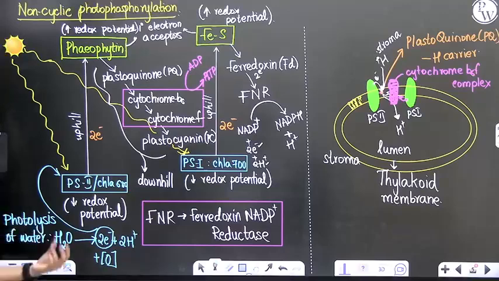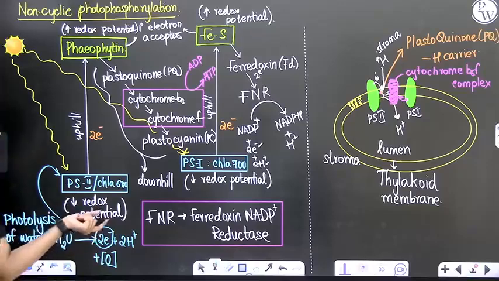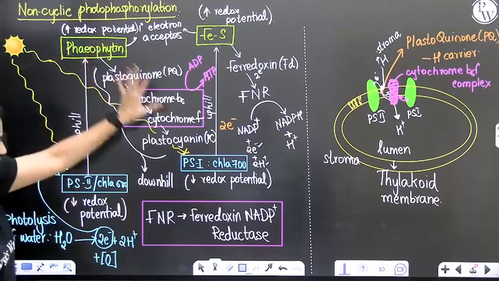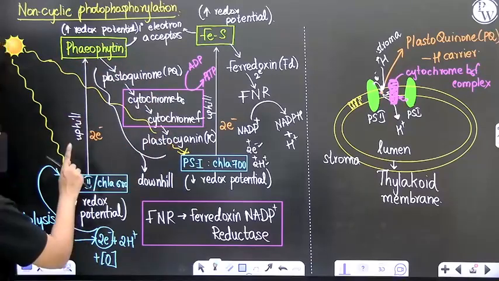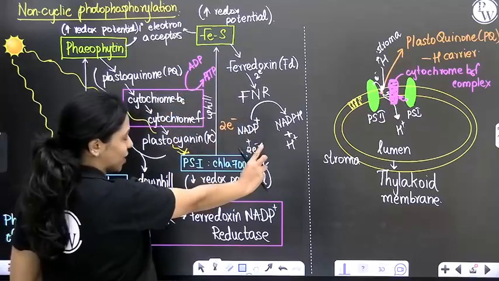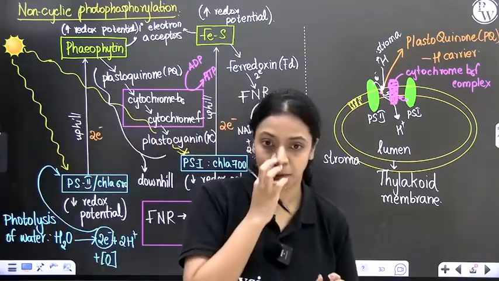Water will split to form 2 protons, 2 electrons and an atom of nascent oxygen. These 2 electrons are used to replace the electrons that are lost from PS2. Alright. So, in this process, sunlight was used, pigments were used, ATP got synthesized, NADPH got synthesized, water got used, oxygen got released.